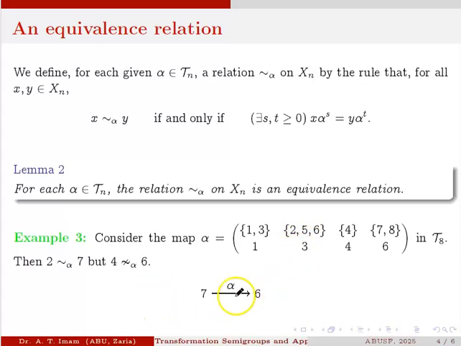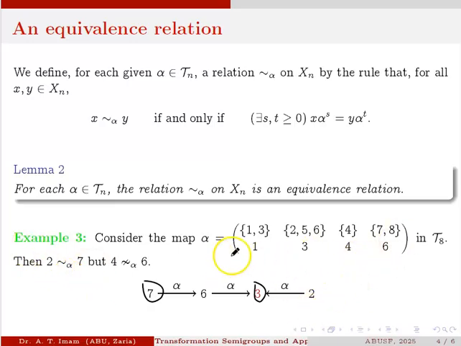One application of alpha on 7 gets us to 6, and if we apply alpha again, we are at 3. And from 2, if you apply alpha, you get to 3. So that means 2 applications of alpha on 7 get us to 3, and also 1 single application of alpha on 2 gets us to 3. Therefore 2 and 7 are related.